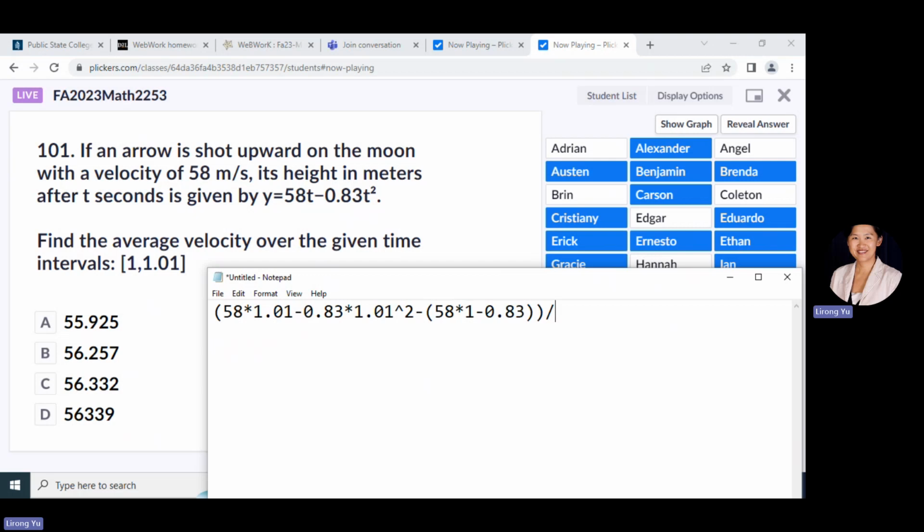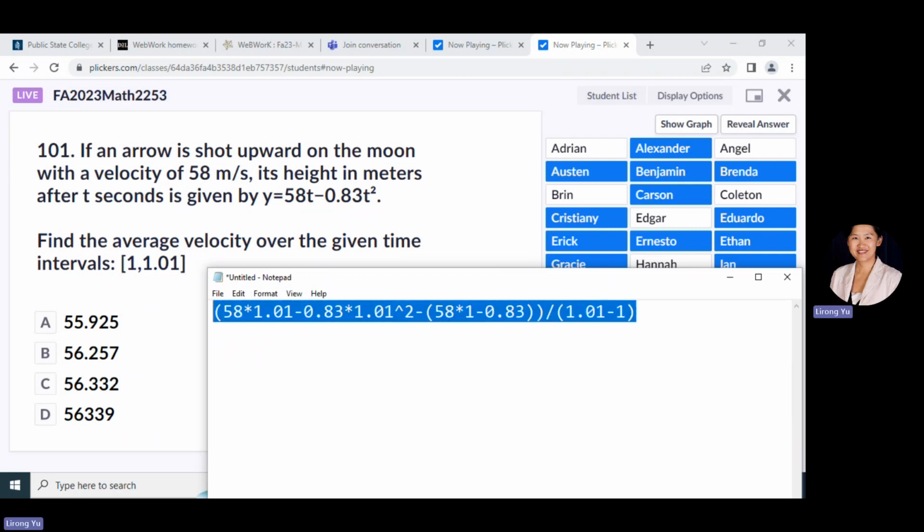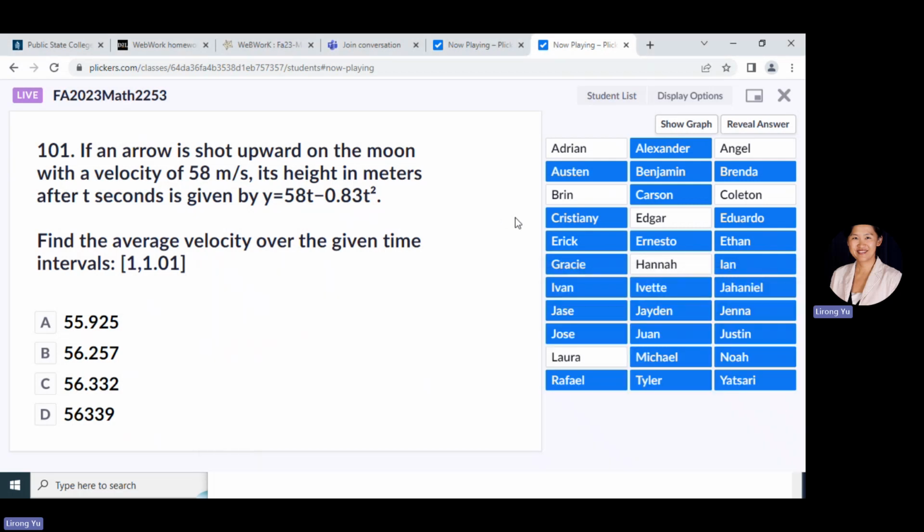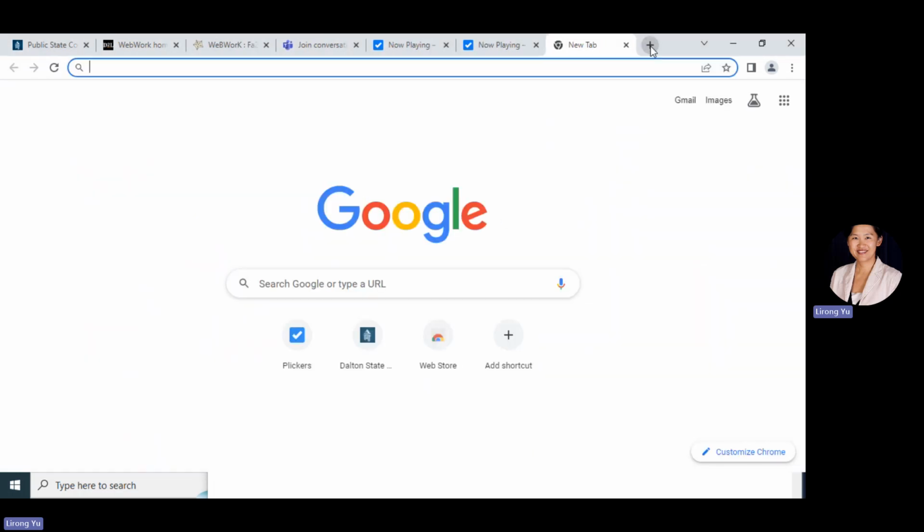The denominator should be the subtraction of the x values. For a slope, in the numerator you calculate the subtraction of the y values, and in the denominator you calculate the subtraction of the x values. Any questions? That's how we enter it. I'm entering this into a calculator to make it easy for you to see.